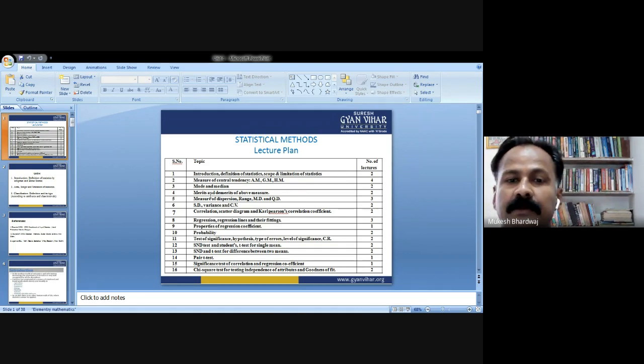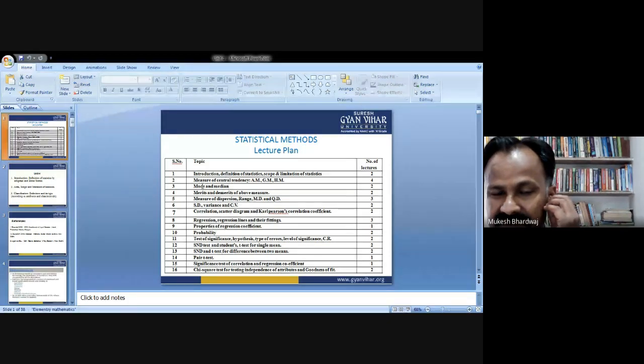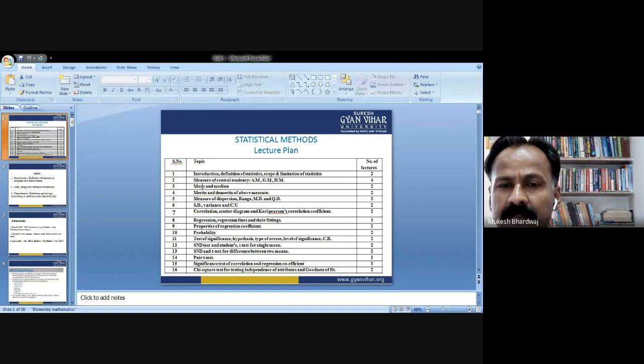The theory part covers introduction, definition of statistics, scopes and limitations of stats. I hope that in earlier classes you are familiar with stats, or you had drawn bar diagrams and pie charts in 9th, 10th, 11th, 12th classes, wherever you found some sort of need related to statistics.